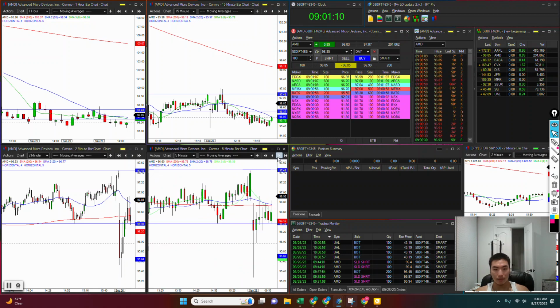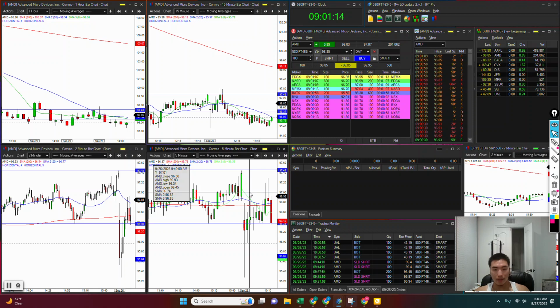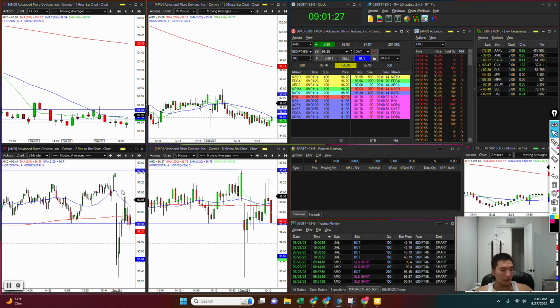So I'm thinking this is good right here because tail bar off the 200 on the 5-minute as well. That got triggered for sure, right? So what did I do?